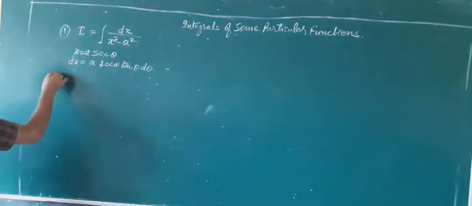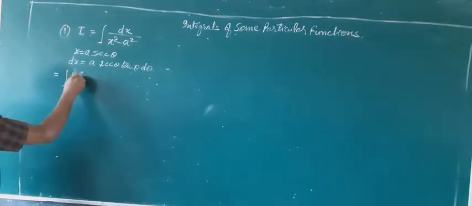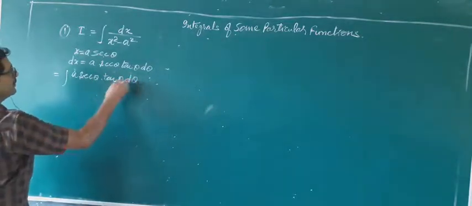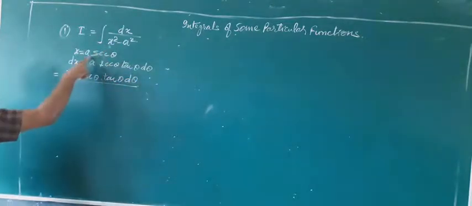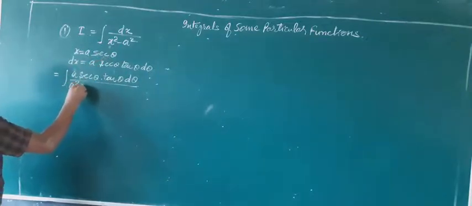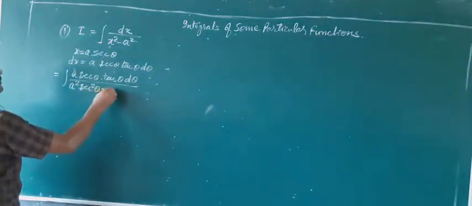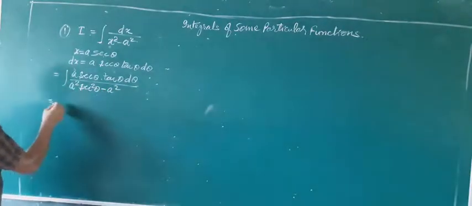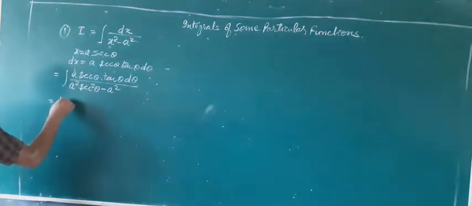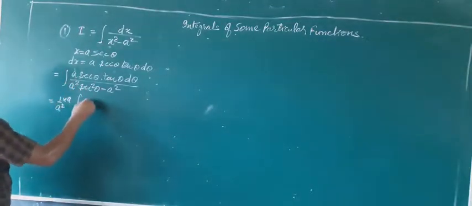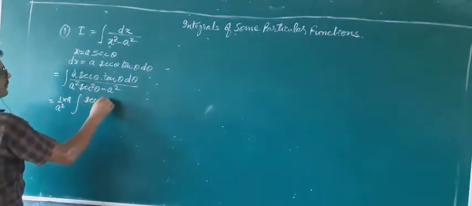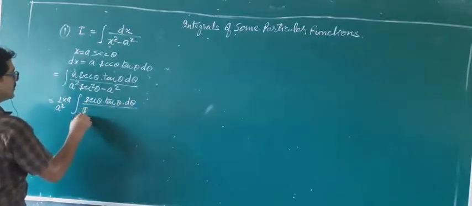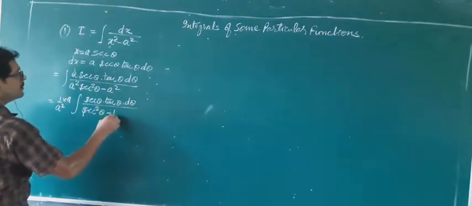Now it becomes a sec theta tan theta d theta upon x square, that is a square sec square theta minus a square. We take a square as common, so 1 upon a square, into a as a constant, sec theta tan theta d theta upon sec square theta minus 1.